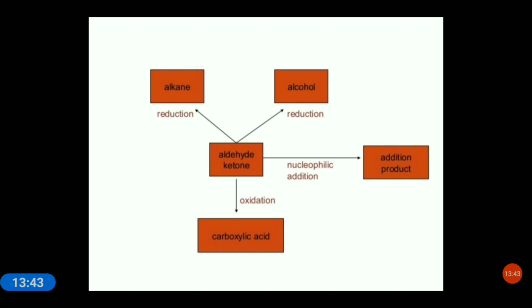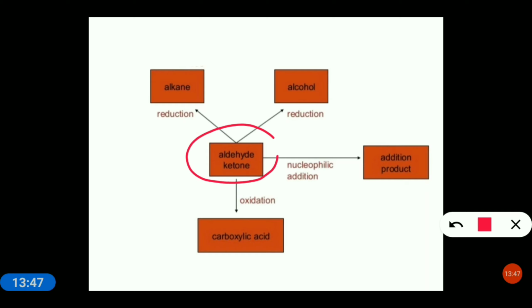Now, from this flowchart you will come to know that an aldehyde or ketone gets converted to alcohol when you reduce it, converted to carboxylic acid when you oxidize it, and on reduction with Clemmensen or Wolff-Kishner reduction you will get the alkane. In case of nucleophilic addition, addition reactions are also possible.